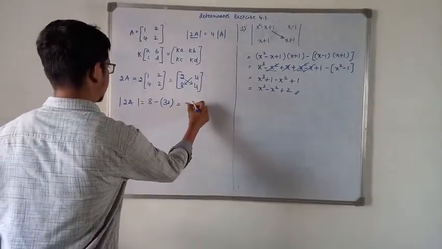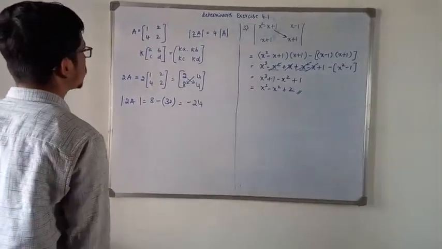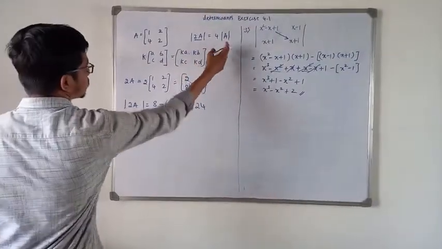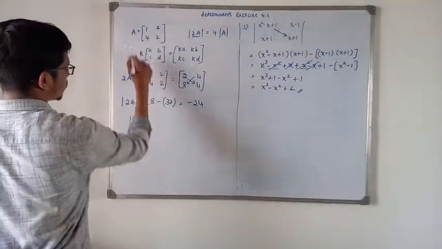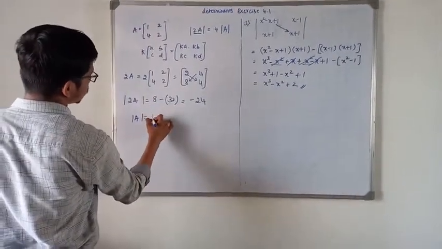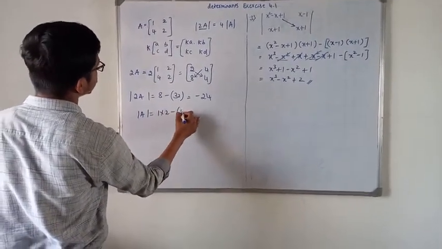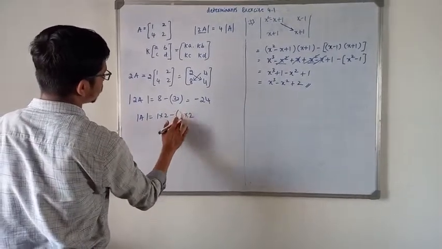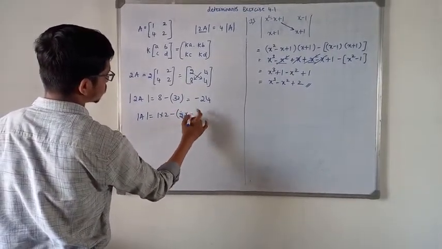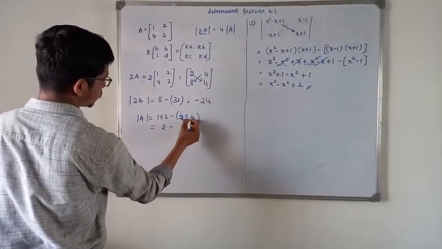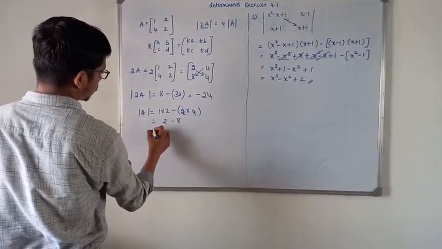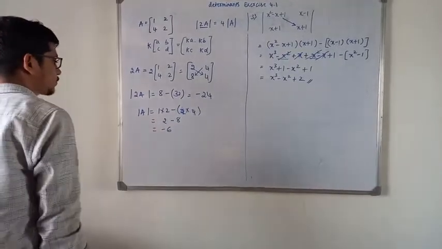Minus 24. Here I will calculate the determinant of the matrix A. Determinant of the matrix A is equal to the original matrix, that is 1 into 2 minus 4 into 2, or 2 into 4. That is equal to 1 into 2 is 2 minus 2 into 4 is 8. That is equal to minus 6.